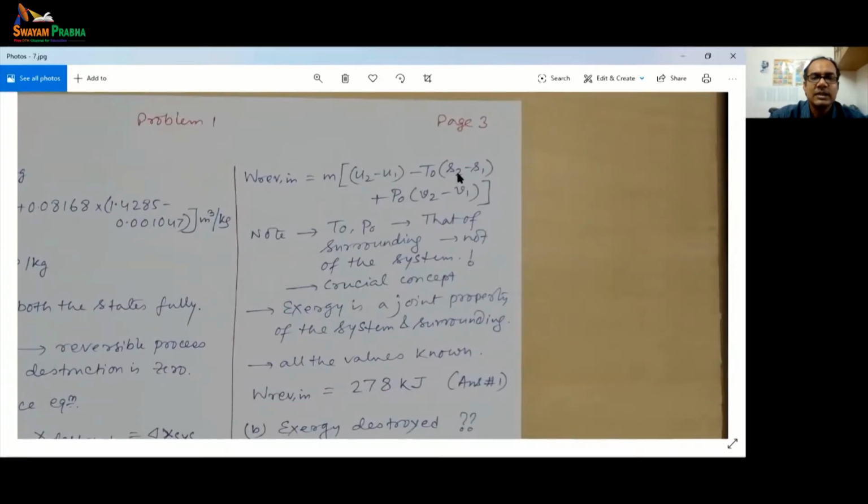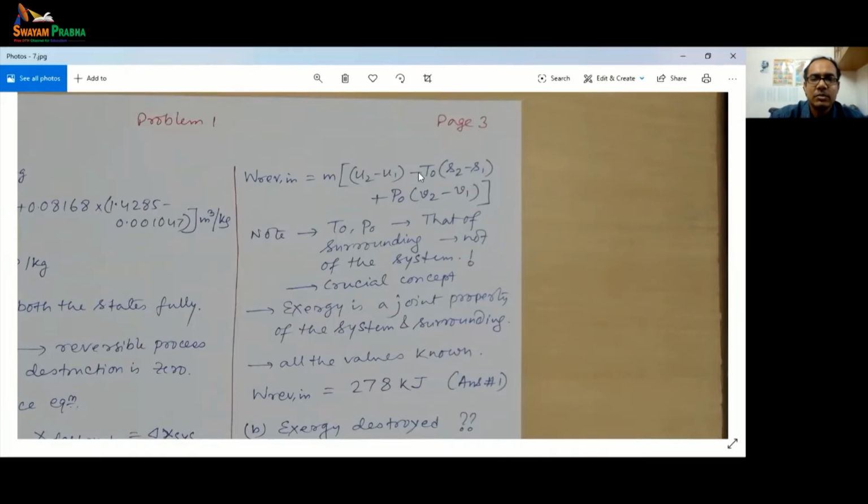Now the change in exergy of the system, by definition for a closed system, is nothing but the mass multiplied by this quantity. This quantity contains the change in internal energy, minus T naught into the change in specific entropy, plus P naught, which is the pressure of the surroundings, multiplied by the change in specific volume.